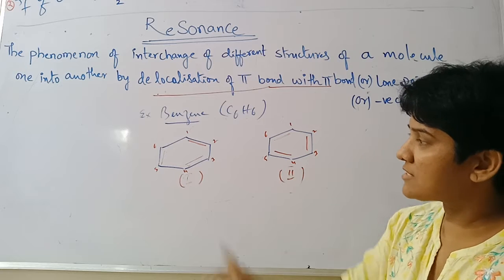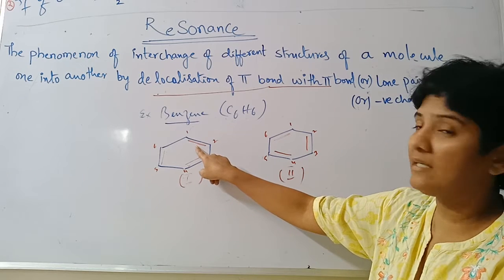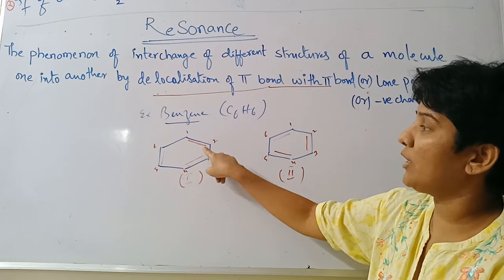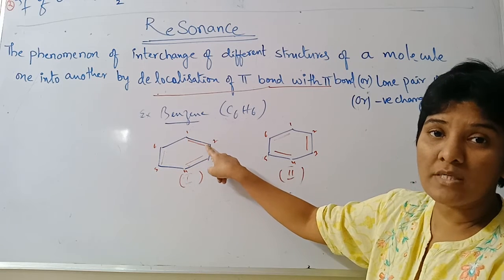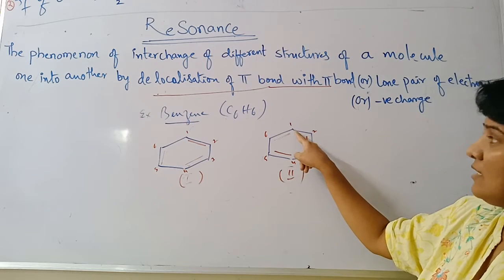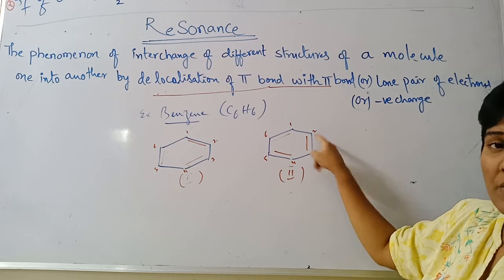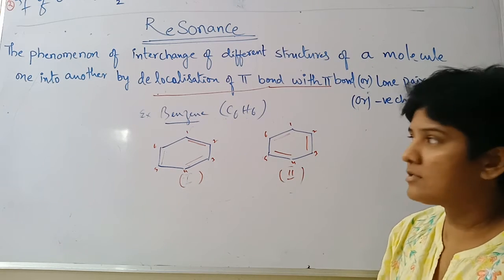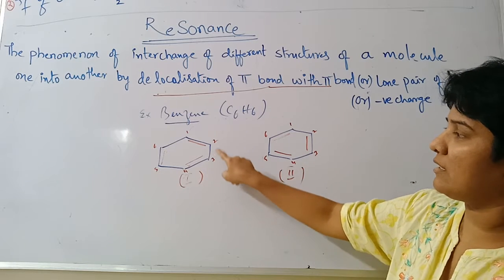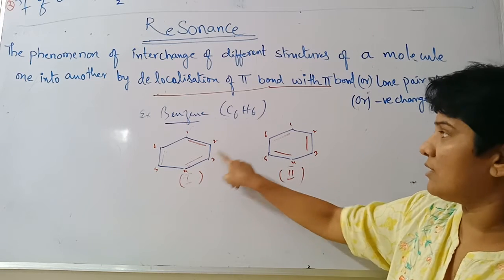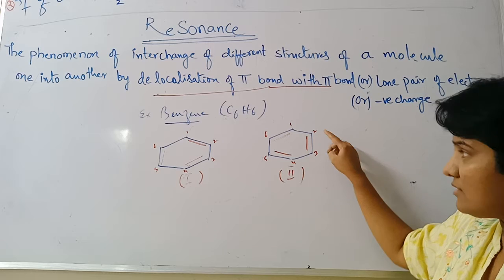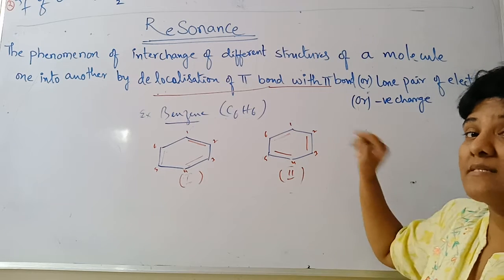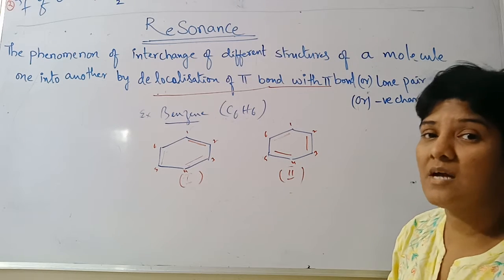In the first structure the double bond or pi bond is between carbons 1 and 2, whereas in the second structure between carbons 1 and 2 there is only a single bond. In the same way, between 2 and 3 carbons there is a single bond in the first, but in the second structure between carbons 2 and 3 there is a double bond.